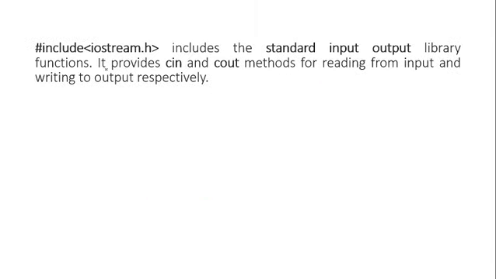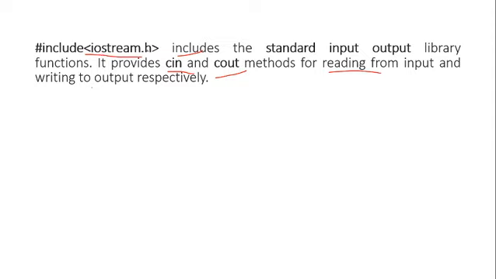See, iostream.h includes the standard input output. iostream.h means input output library functions. It provides cin and cout. Cin is used to take the input from the user, and cout is used to print the output for the user, which are methods for reading from input and writing to output respectively.